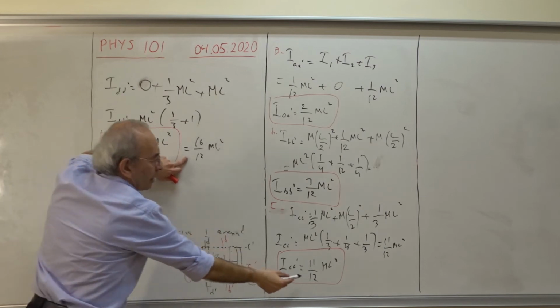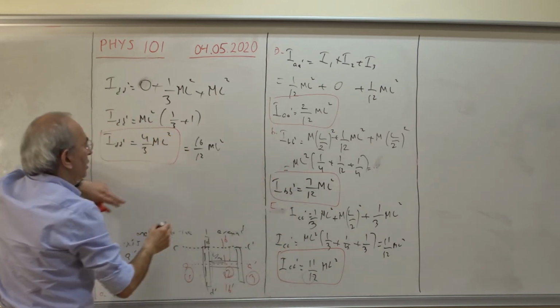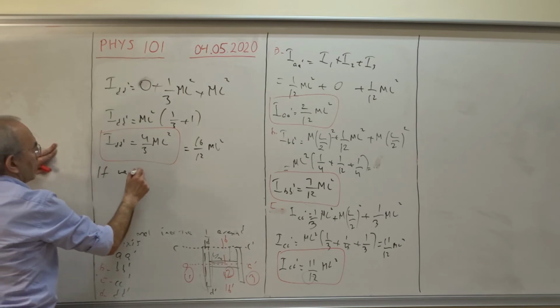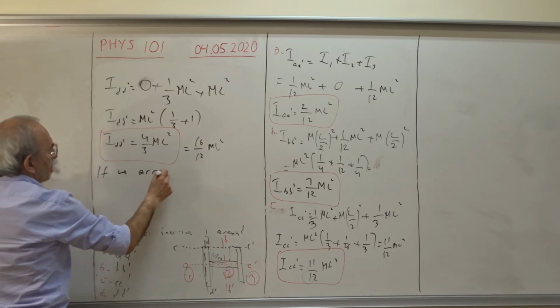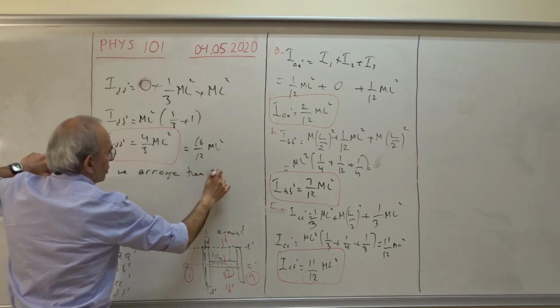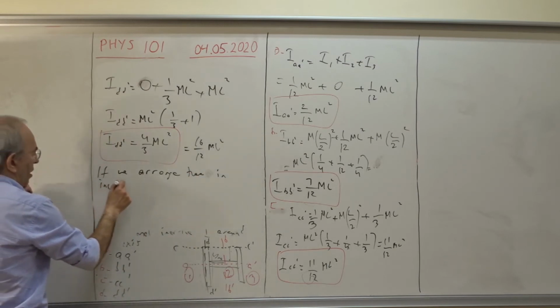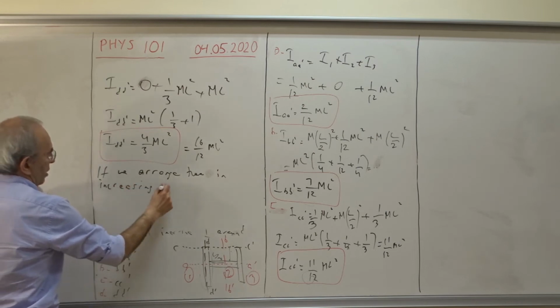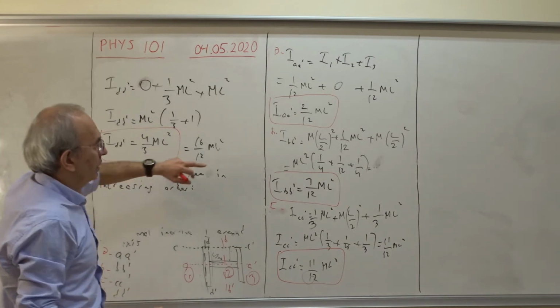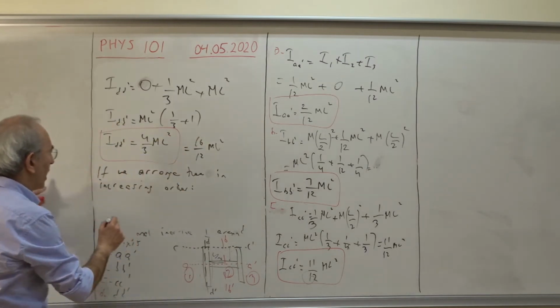So each one has 12 as the denominator. If we arrange them in increasing order, what is the least one? 2/12, I A prime.